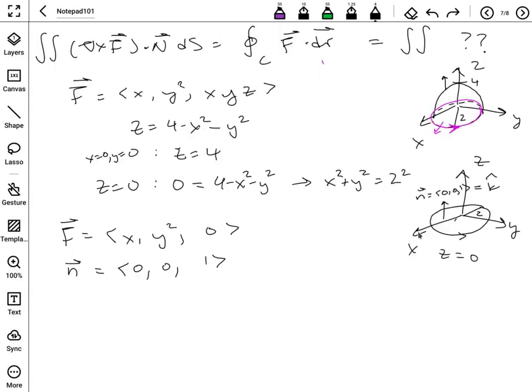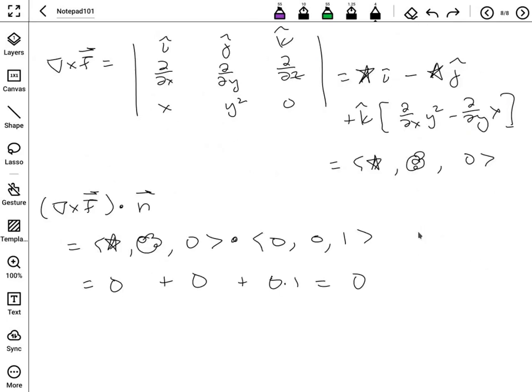That means this integral that I was trying to set up here is just 0. Integral 0 dS. And if I wanted to set up the bounds, it would be over a circle.